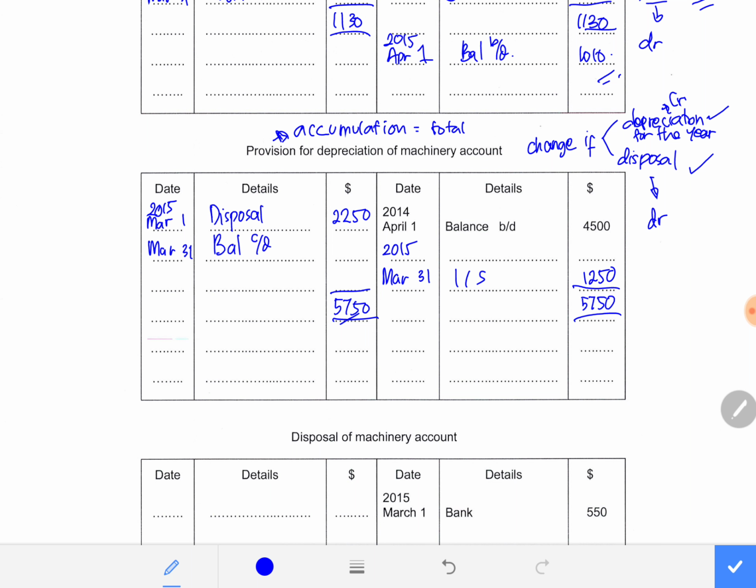Balance CD would be 3,500. And then don't forget to carry it down to the next accounting period, which is 2015 April 1. Balance BD of 3,500.